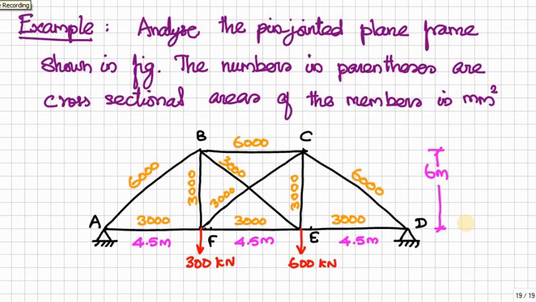Static indeterminacy, internally and externally, both we have to calculate so that we can identify which is extra, which is redundant in the structure, either member or reaction or force. So that we have to remove from the structure to make the structure primary in flexibility. And in the stiffness method, it is restrained. Okay, that we will see in the next video.